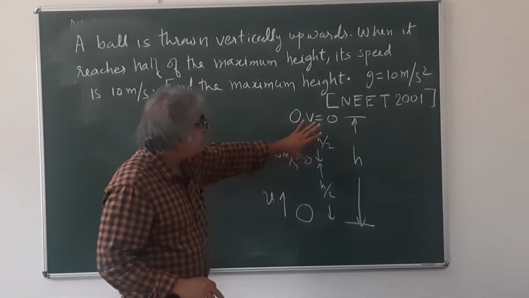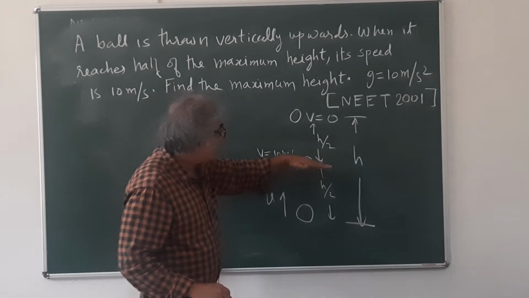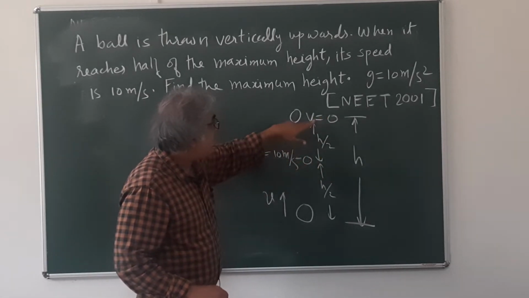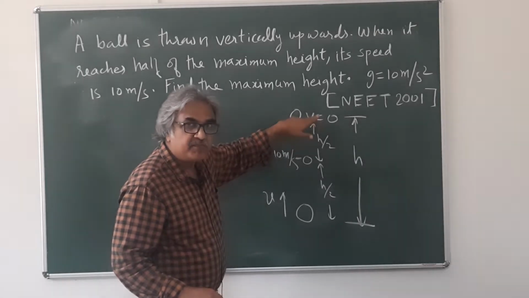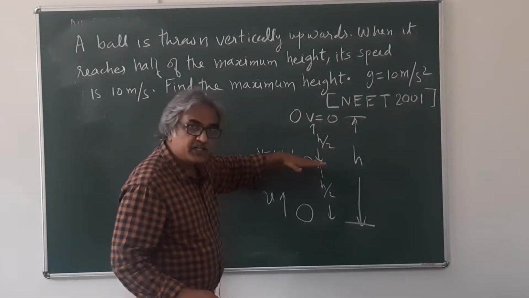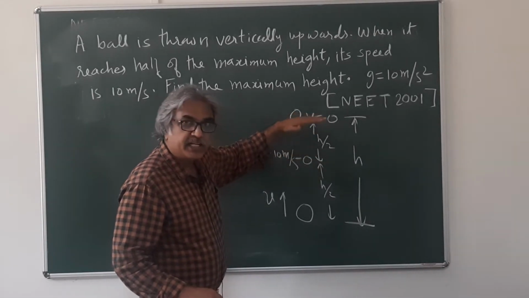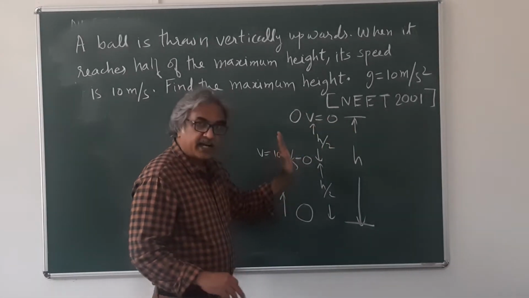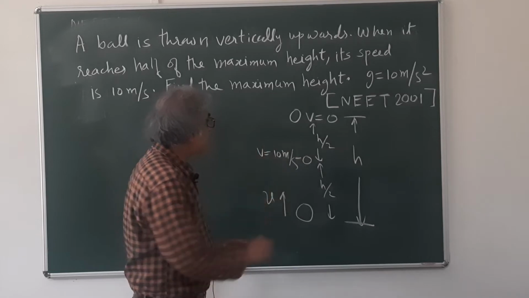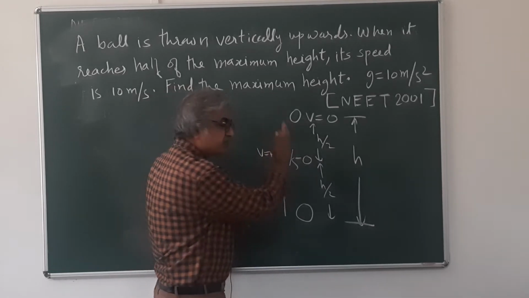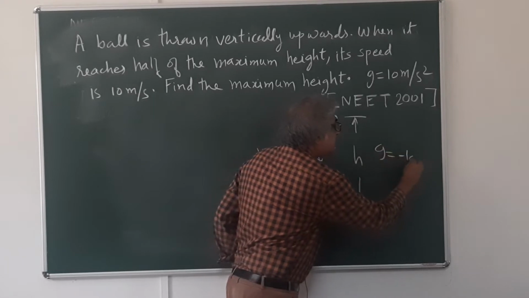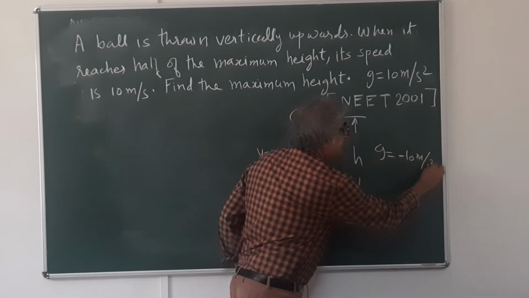Now consider only this part. The ball is moving up with a velocity of 10 meters per second, and now its velocity has become 0. So you know the initial velocity, you know the final velocity, and acceleration is constant. If you are considering upward as positive, then g will be minus 10 meters per second square.